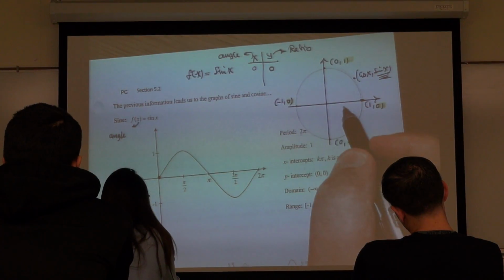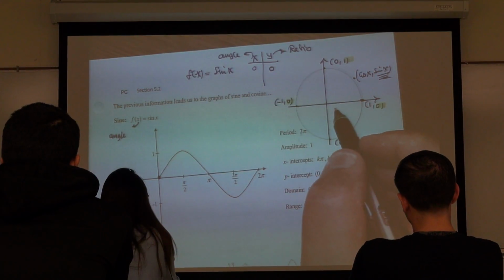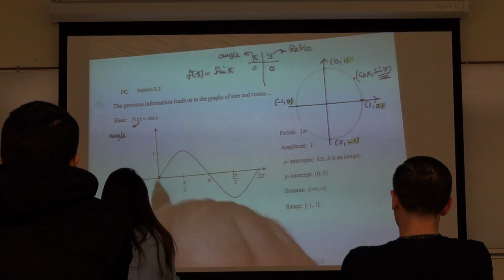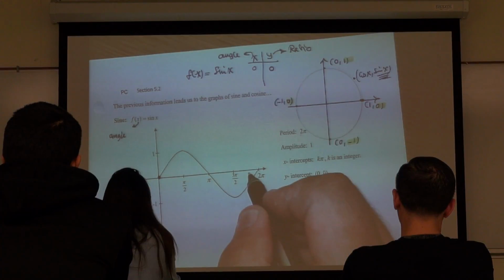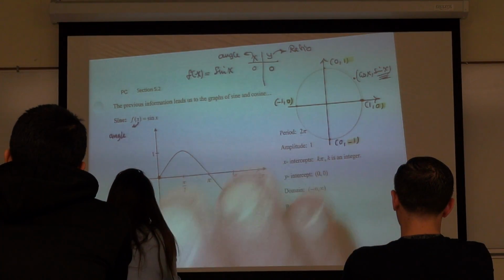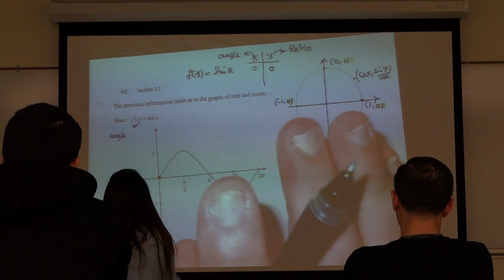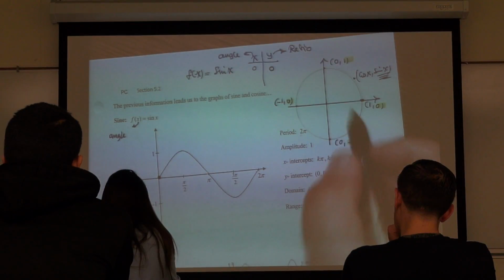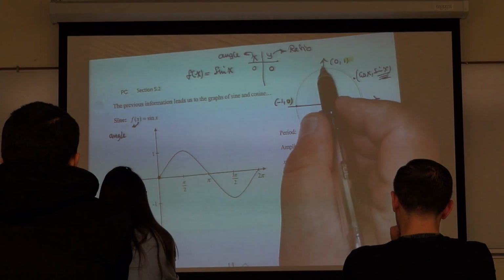So notice how the circle itself is 4 quadrants, right? That's why we divided the period into 1, 2, 3, what? 4. And that's standard in trigonometry. Every period should be divided into 4 sub-intervals, even when we do transformation. So let's pay attention. What happens from 0 to pi over 2?